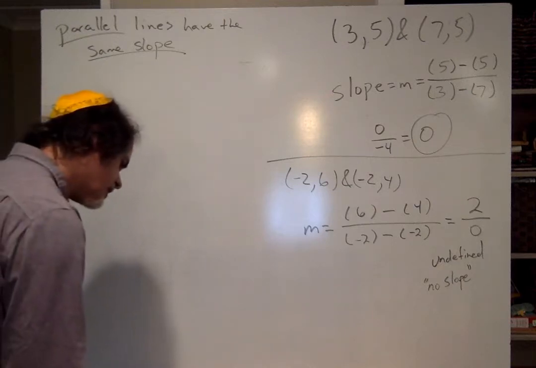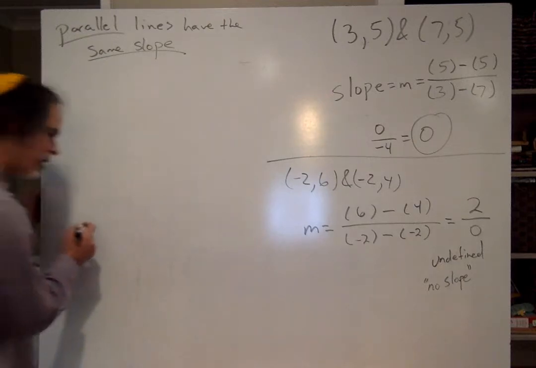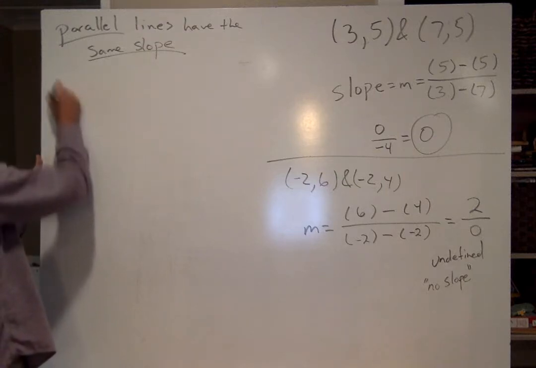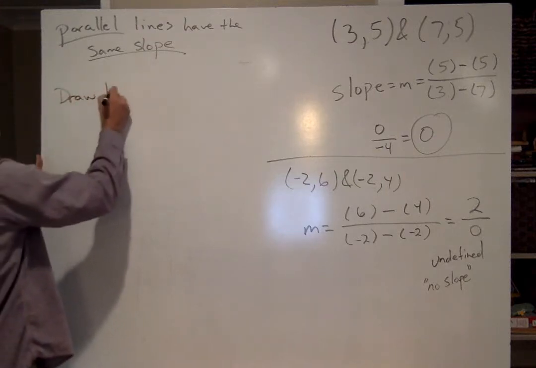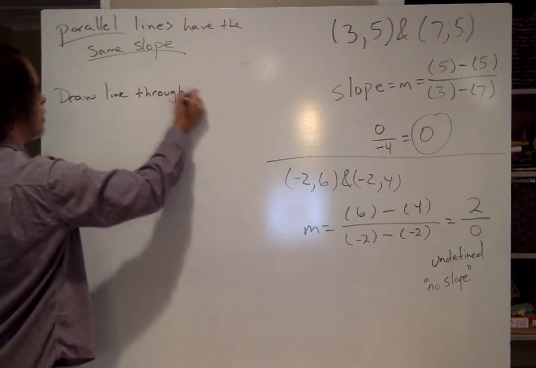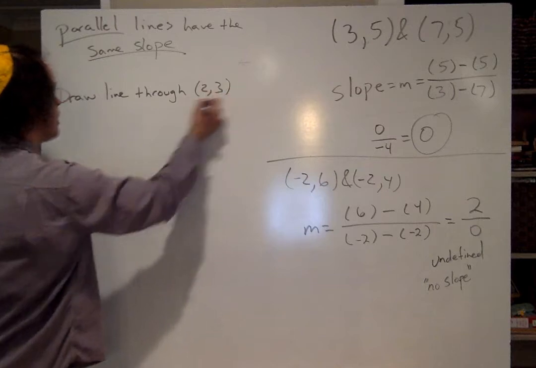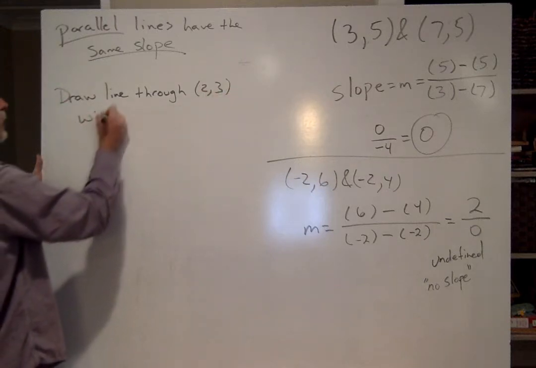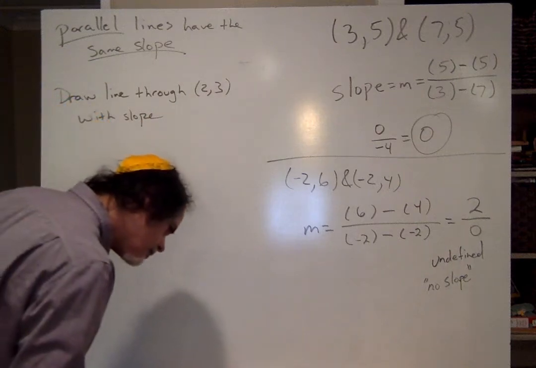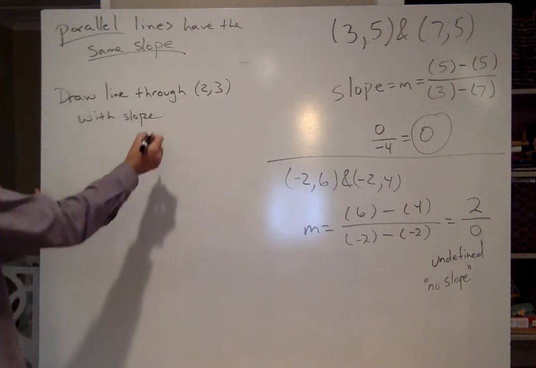All right, so this is example 7. Draw a line through the point (2, 3) with slope 1/2.